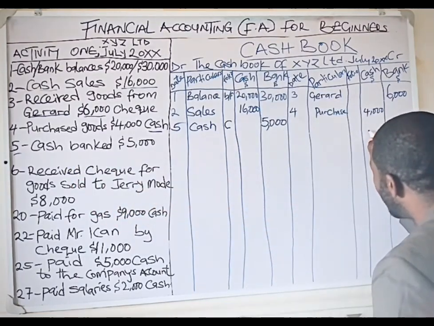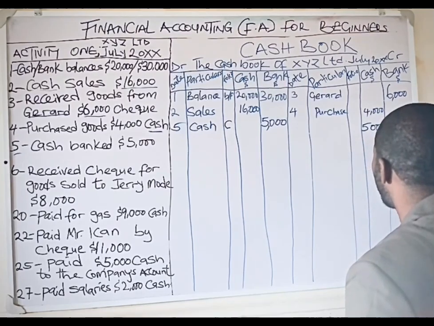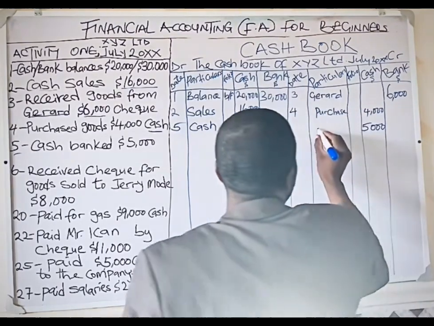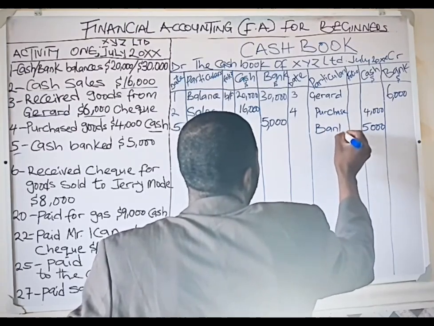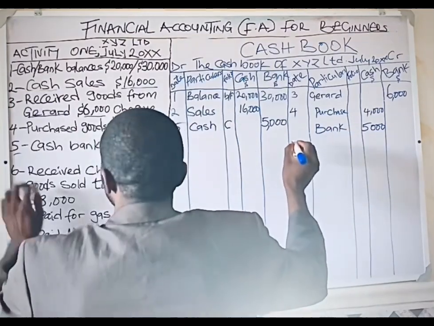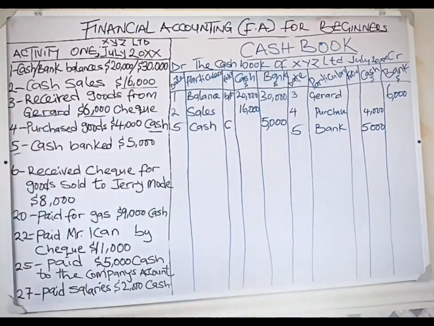Cash is going of how much? $5,000 to bank. On the 5th day of July. Very simple. Now, let's go to the 6th transaction.